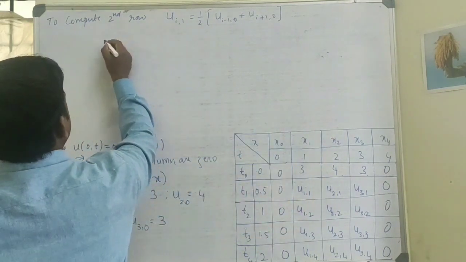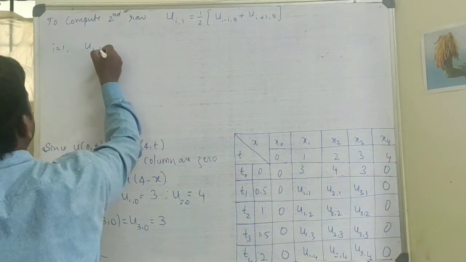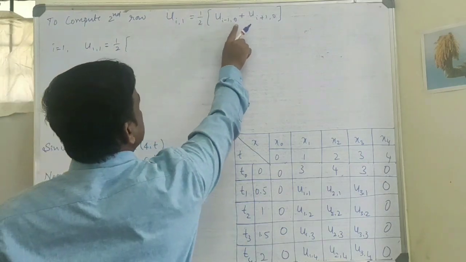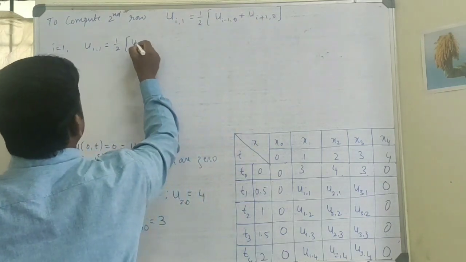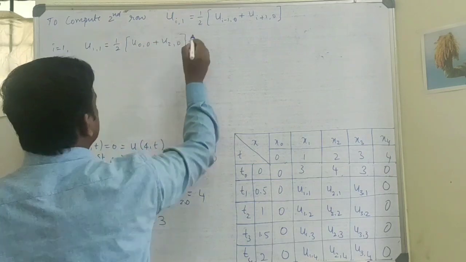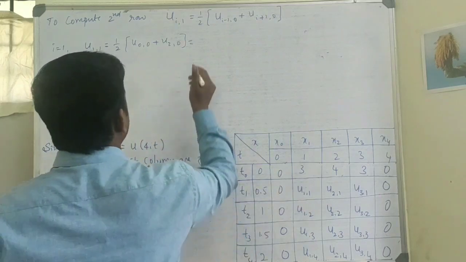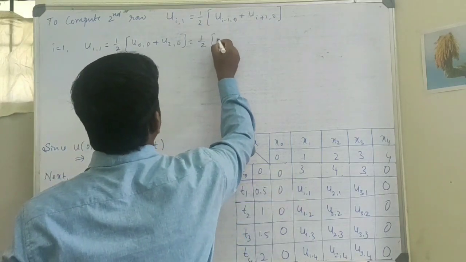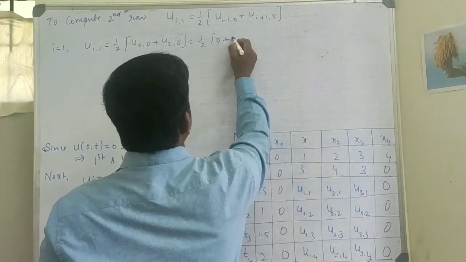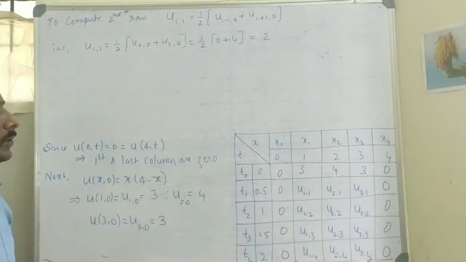Now taking i equal to 1, u1,1 = 1/2 (u0,0 + u2,0). u0,0 is 0, plus u2,0 is 4, so u1,1 is 2.